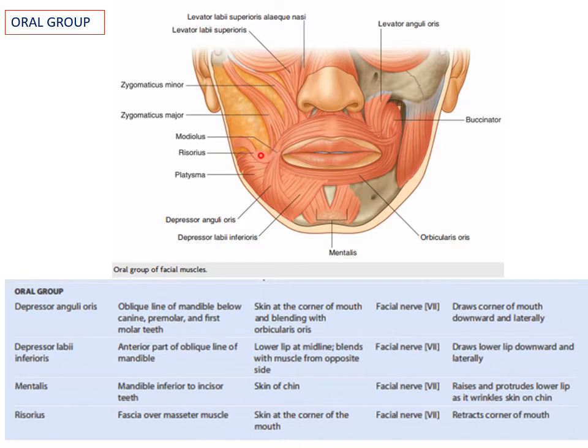This is also supplied by the facial nerve, and its function is that it retracts the corner of the mouth.